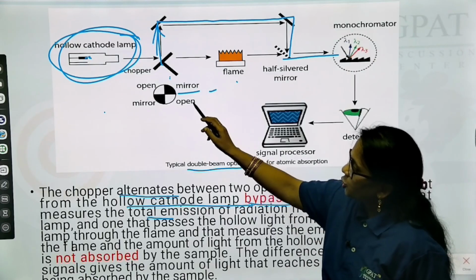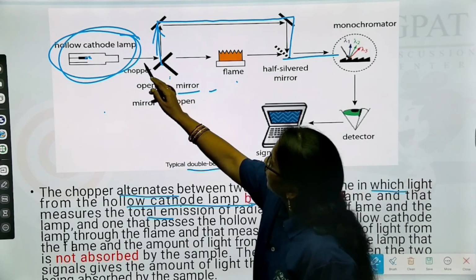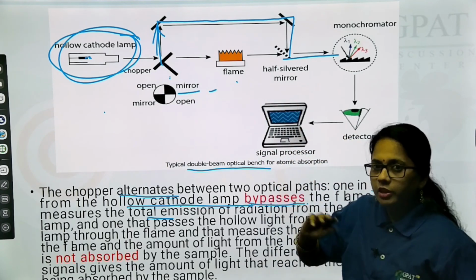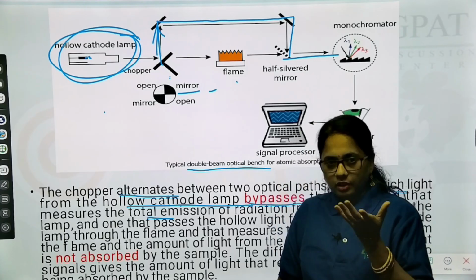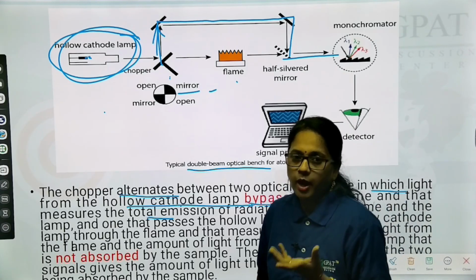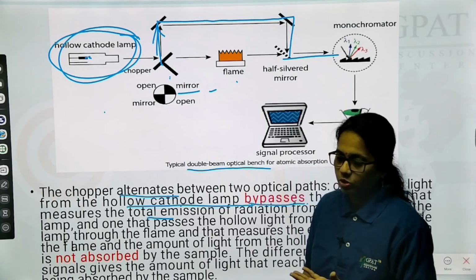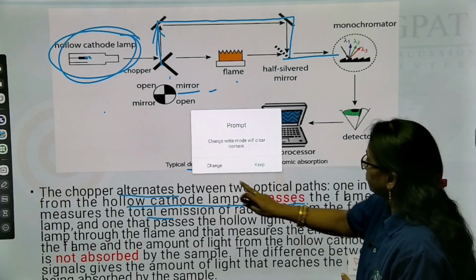When we put the chopper in the open place, the radiation passes through the flame. Thereby you take the difference to see what amount of light has been absorbed by certain particles or elements. In that way the chopper is helpful for us.